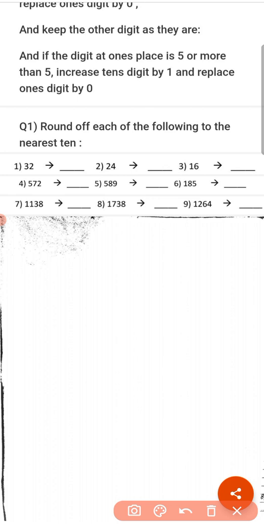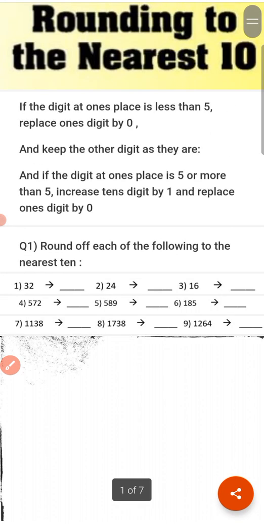Okay. The second condition is, if the digit at ones place is 5 or more than 5, then here we have to do 2 steps. First step is replace one's digit by 0, and second step is add 1 to the digit at the tens place.